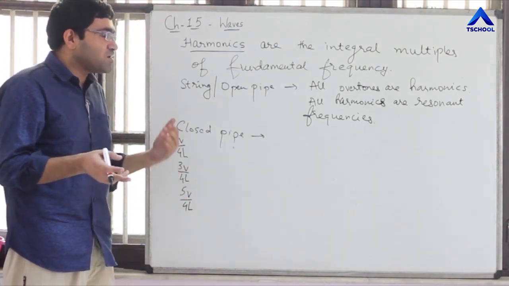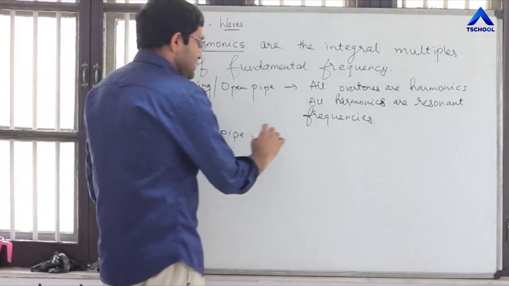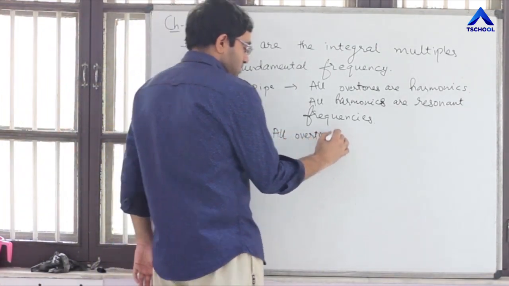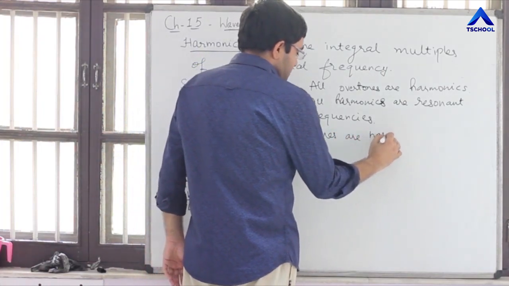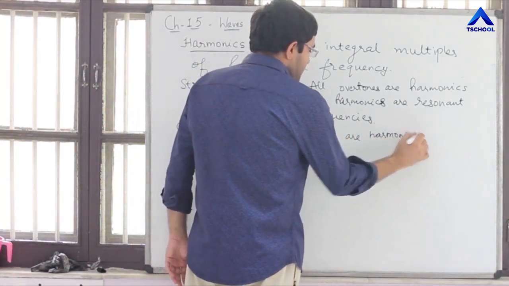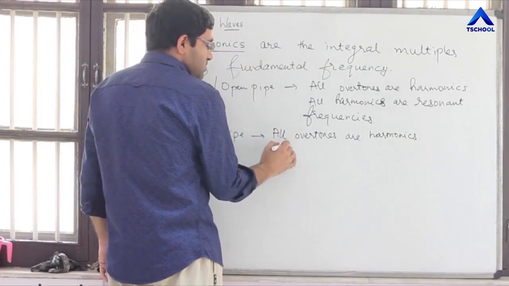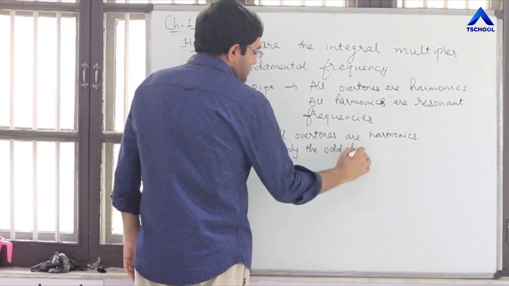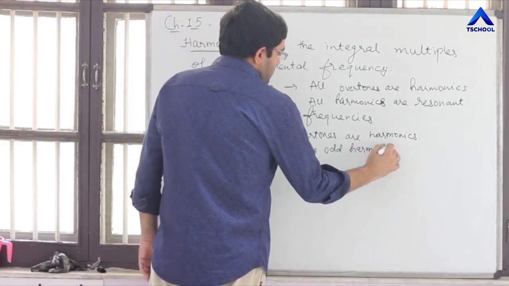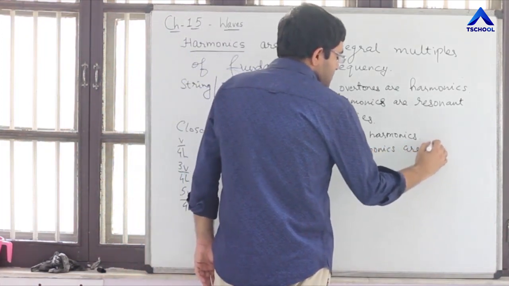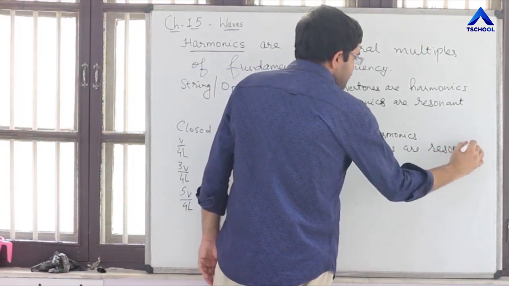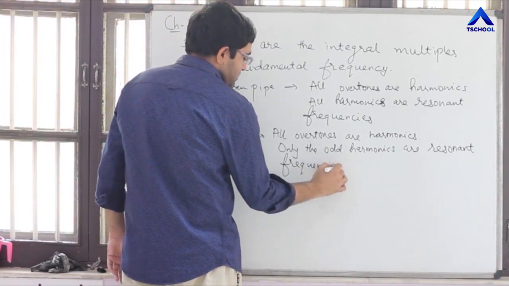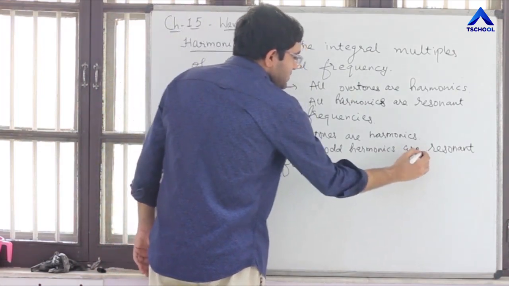So this is what allows us to write these sentences. Obviously, all overtones are harmonics. There is no surprise about that. But what we have is only the odd harmonics are resonant frequencies.